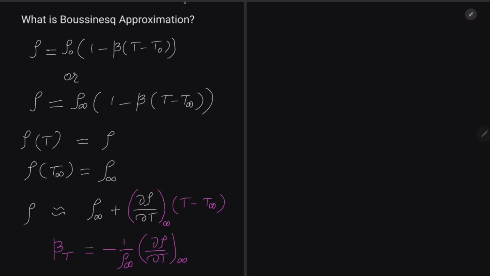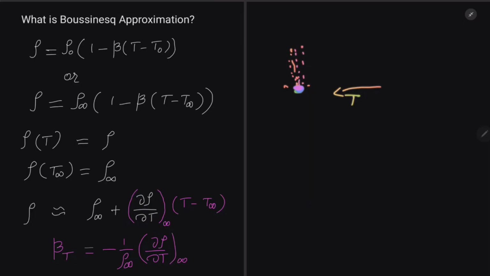When you heat a fluid, you give it a temperature, and this fluid becomes lighter and goes upward. It has an upward motion, so it means it becomes lighter.